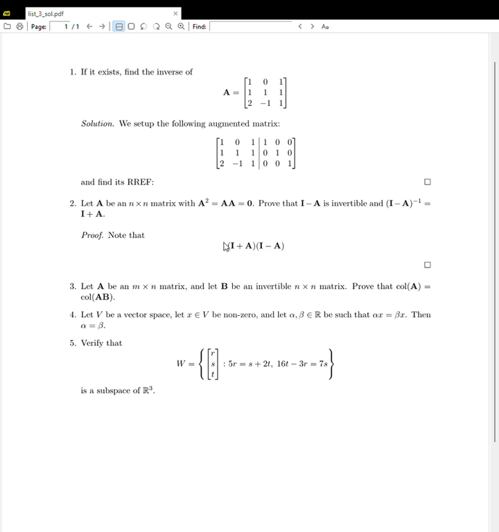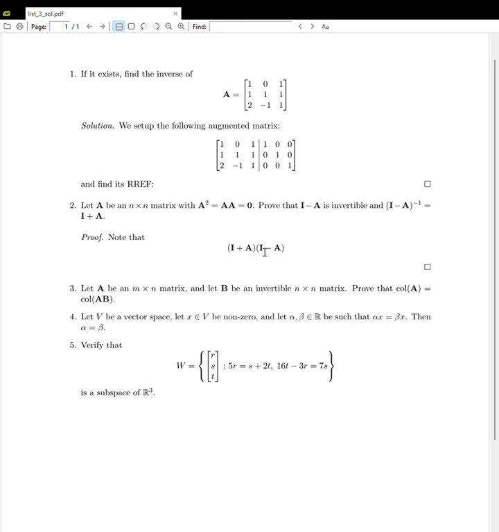And let's recall that our good friend FOIL is still true. So again, that means that when you're multiplying a pair of summations, as we have here, you do the first terms multiplied together. So in this case, that will be I times I. So first, then outer, and in our case, that would be I times negative A. All right, so the outer terms.